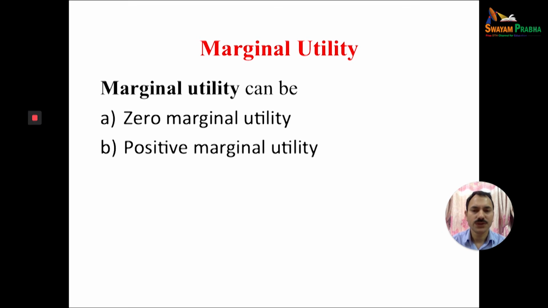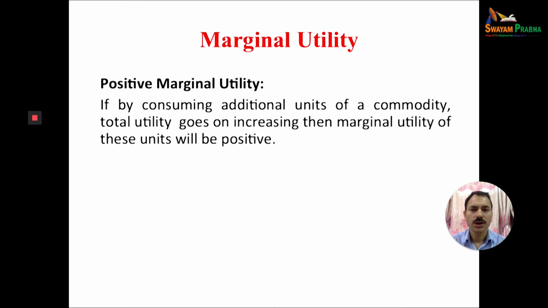Marginal utility can be zero, it can be positive, it can be negative. Three types: positive marginal utility, zero marginal utility, and negative marginal utility. Positive: if by consuming an additional unit of a commodity, total utility goes on increasing, then the marginal utility of that unit will be positive.